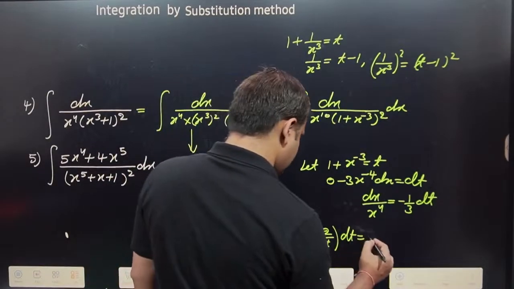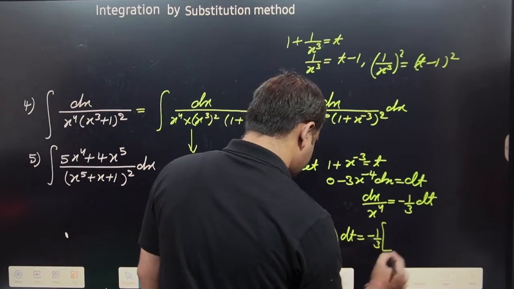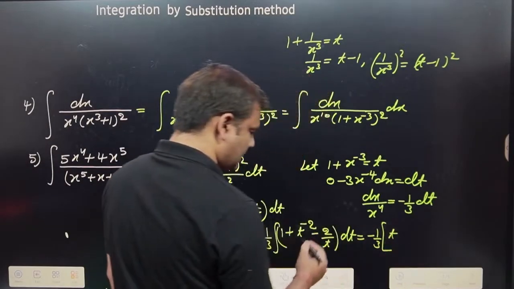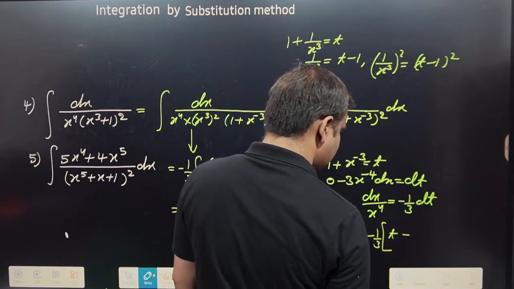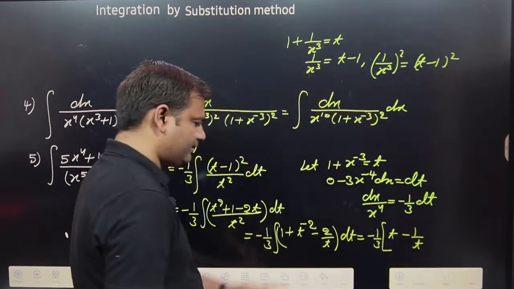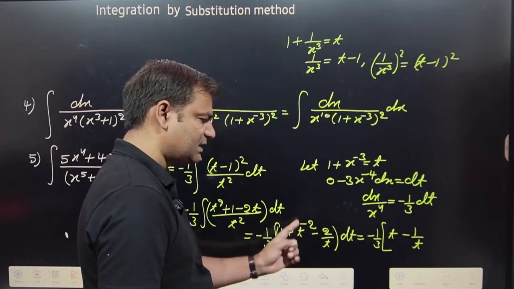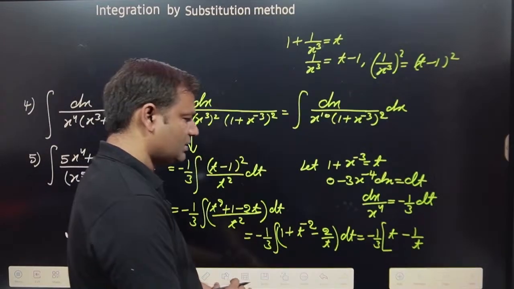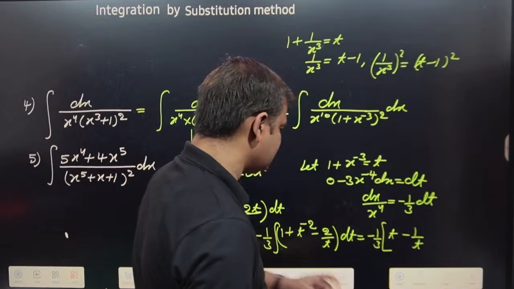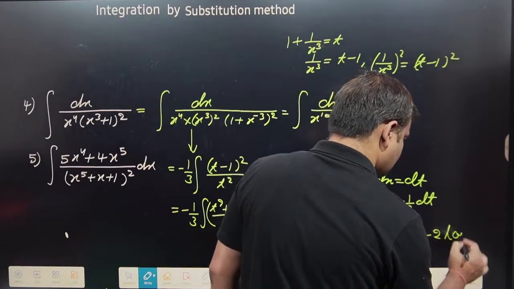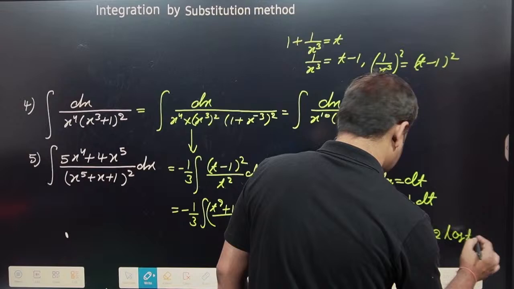That is written as minus 1 by 3 times the integration of 1, that is t, and minus the integration of t to power minus 2, that is t to power minus 1 upon minus 1, so finally minus 1 by t, and minus 2 into log t plus c.